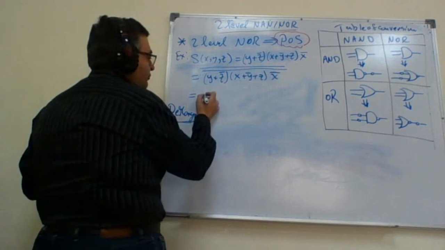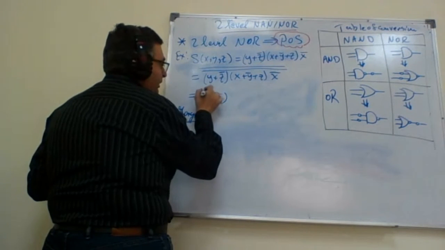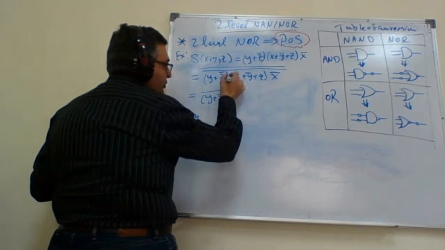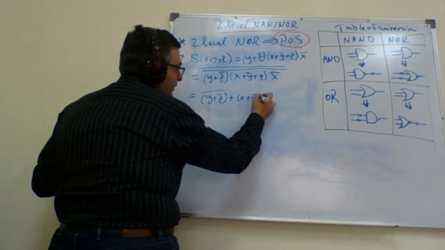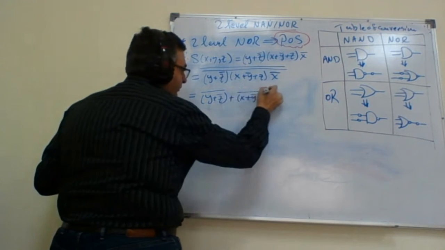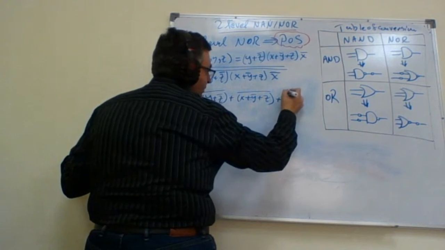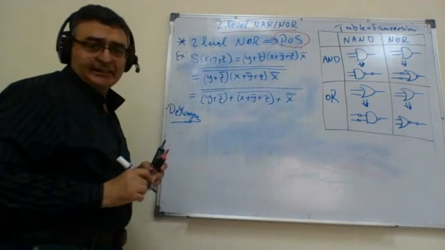Break the inner, so the first term will be Y or Z bar, bar. Then the operator will change from AND to OR. X or Y bar, all bar, or X bar bar. Don't forget that we have another bar to keep the logic as it is.